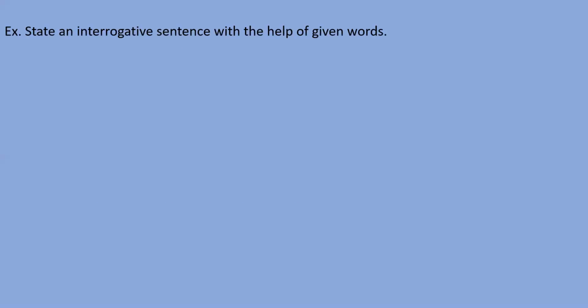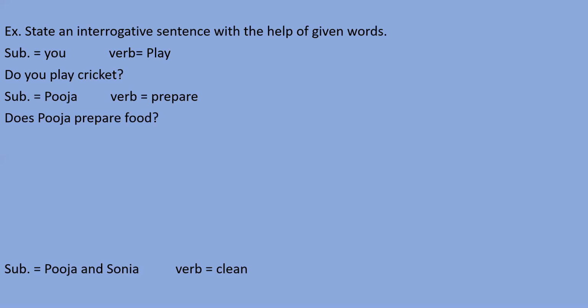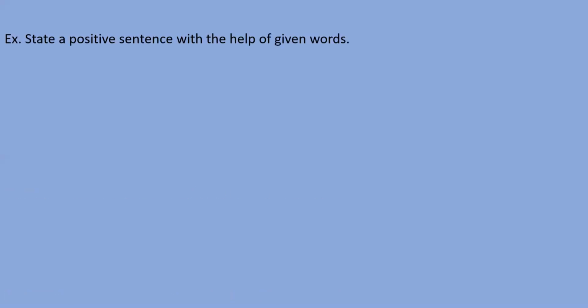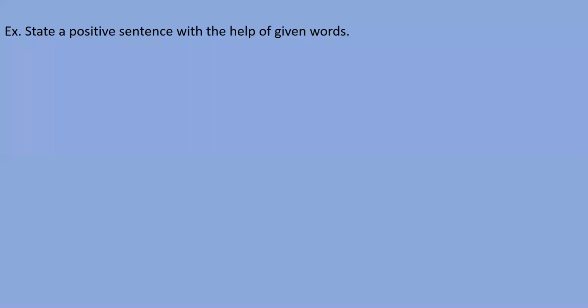In this exercise we did, find the mistake in the given sentences. After that, we did the second exercise: state the interrogative sentences. This exercise also we did in the previous class. So now we have come to the next exercise. State a positive sentence with the help of given words.